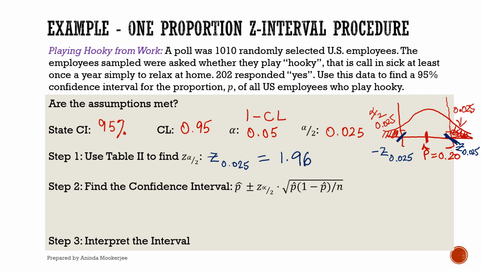So now we have to apply the formula for the confidence interval to find the proportion values at the endpoints.